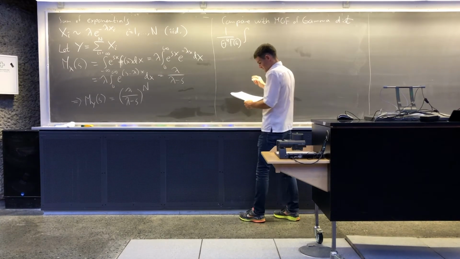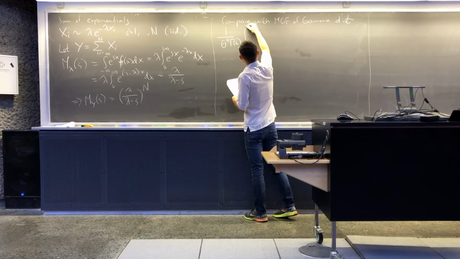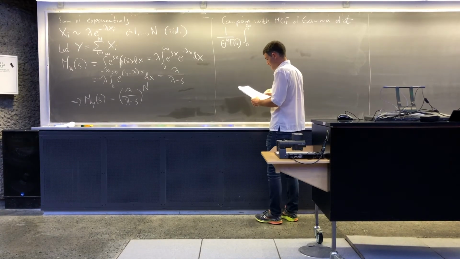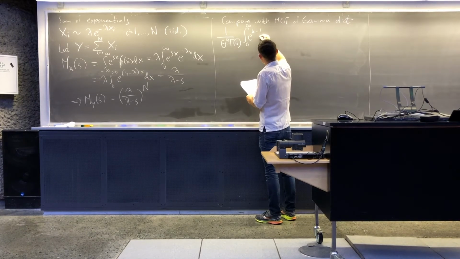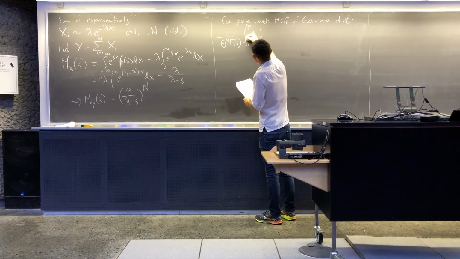Here we have those constants in front of it. Again, we are only going from 0 and upwards. So it should be x and e, but then I have the exponential.